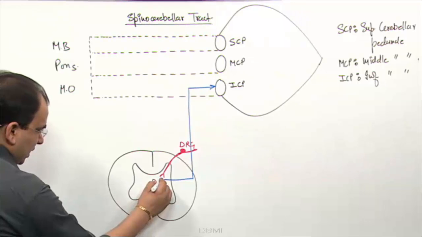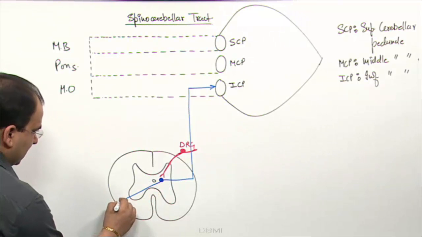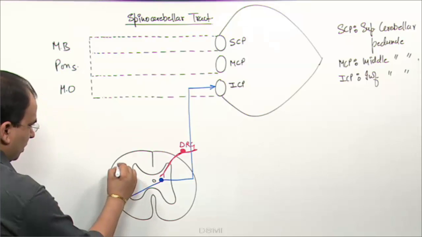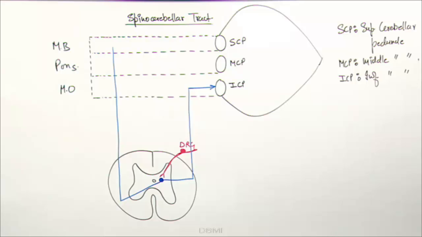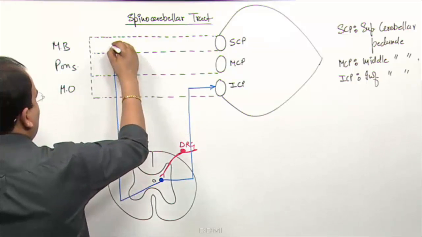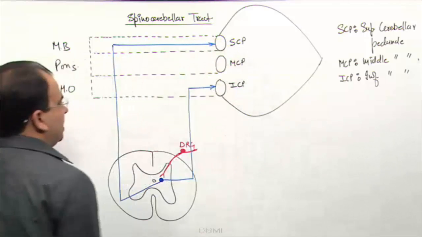Another fate is that they cross over to the opposite side and ascend upward all the way to the midbrain, and from the midbrain they again come back to the same side and enter through the superior cerebellar peduncle.